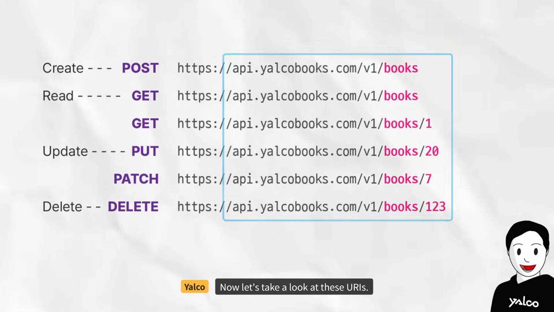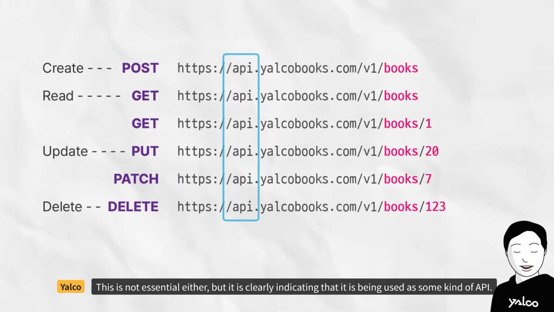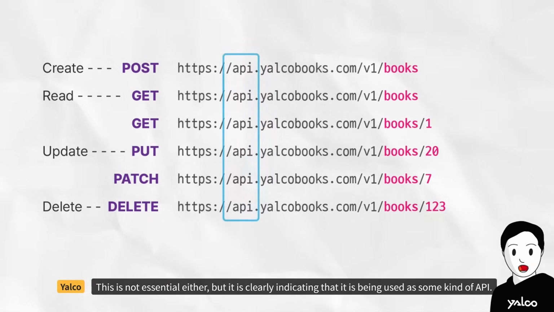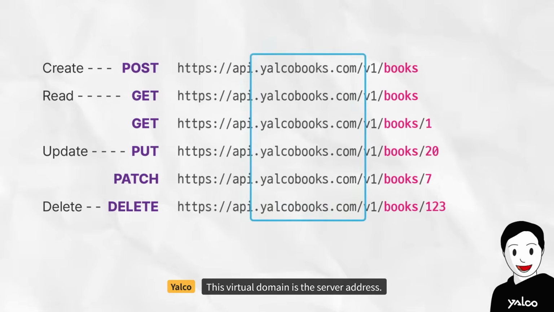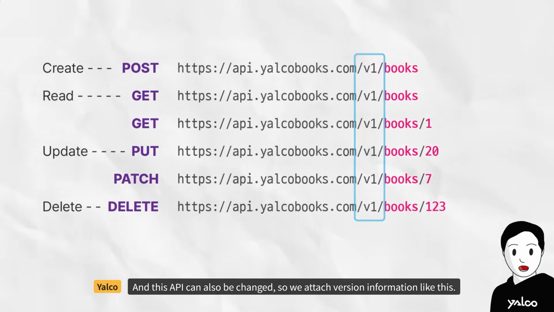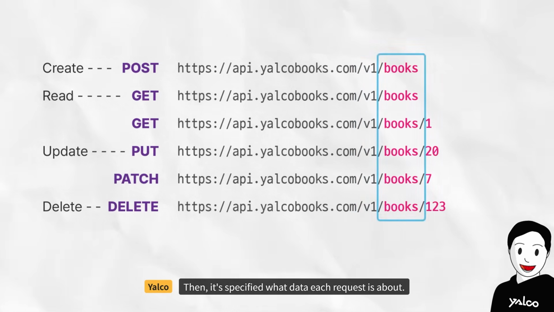Now let's take a look at these URIs. This is not essential either, but it is clearly indicating that it is being used as some kind of API. This virtual domain is the server address, and this API can also be changed, so we attach version information like this. Then, it's specified what data each request is about.